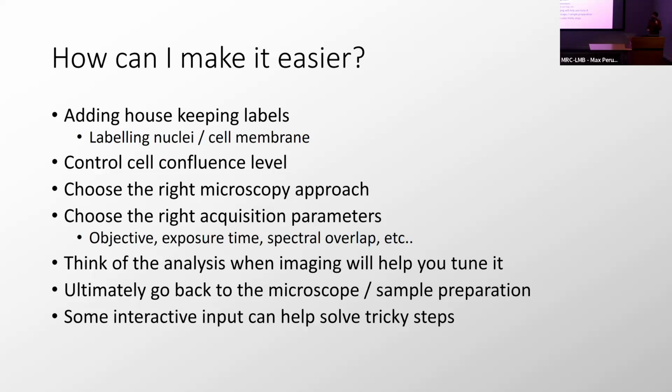Think about what quality my data needs to have, the minimum quality I need to be able to extract the information. You don't need a super-resolution image if you are just going to measure the area of your nuclei, for example. It's not to optimize to the maximum, it's just to tune your imaging to your experiment so that you can analyze something afterwards. So go and talk to my colleagues.